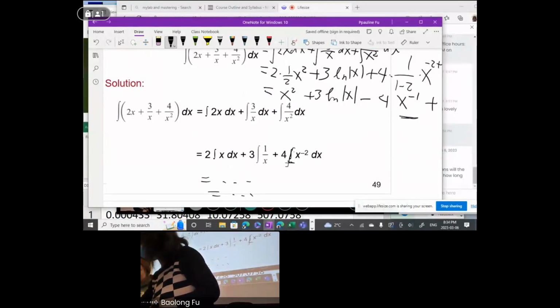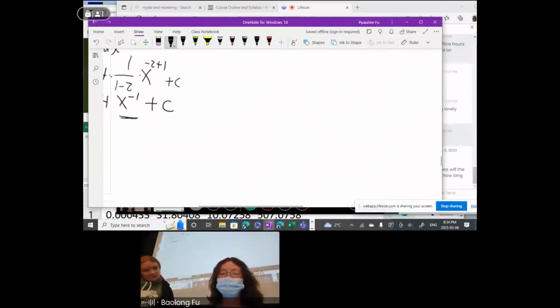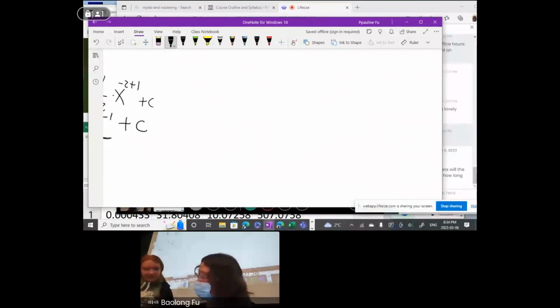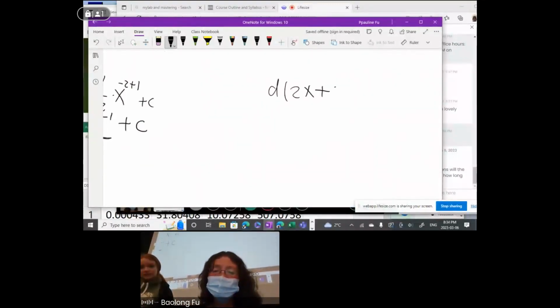So this is the derivative of 2x. Your question is why it is dx. The derivative of 2x is just 2, so why do we have dx? Good question. Is there a mathematical reason? So like d of 2x plus 4.